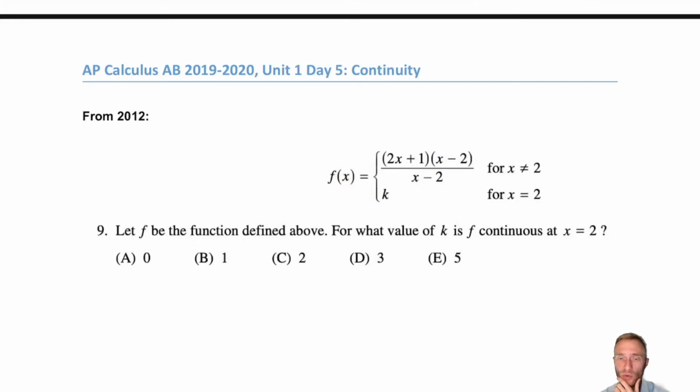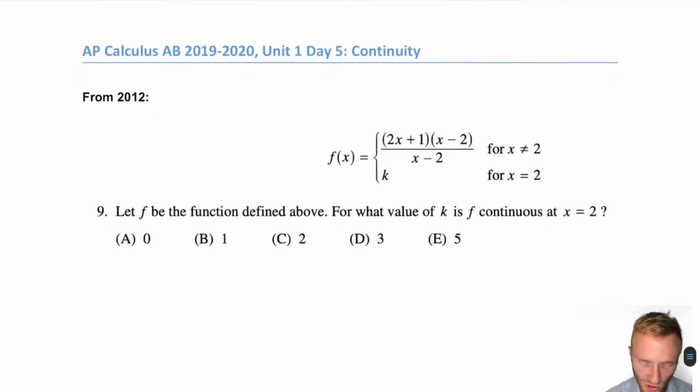Okay, so for what value of k is f continuous at x equals 2? Well, when x is 2, we're at k, and so we need the limit as x approaches 2 to be the same thing. The above function says as long as x is not 2, we're following the above function.